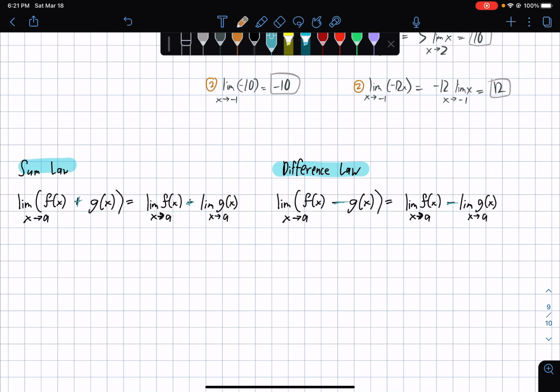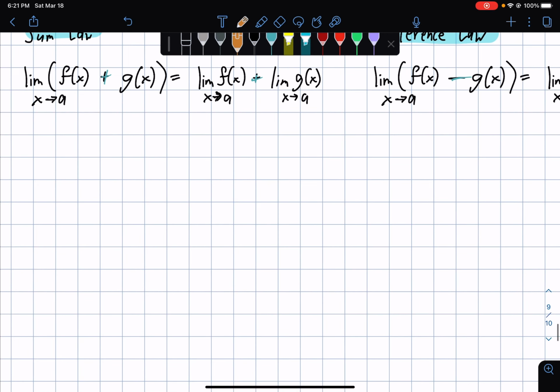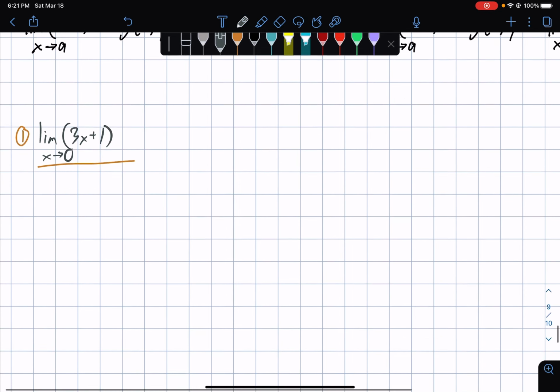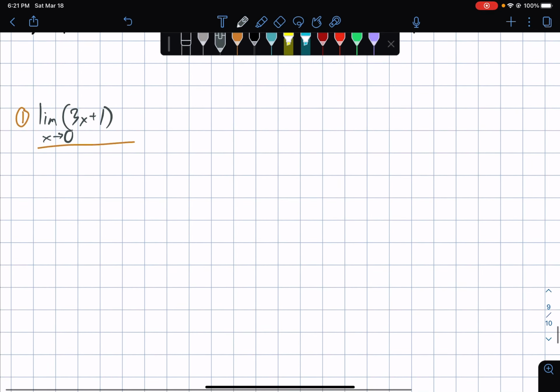So let's have one example for sum law. Let's say lim 3x plus 1 such that x approaches 0. We can distribute this: lim 3x such that x approaches 0 plus lim 1 such that x approaches 0.